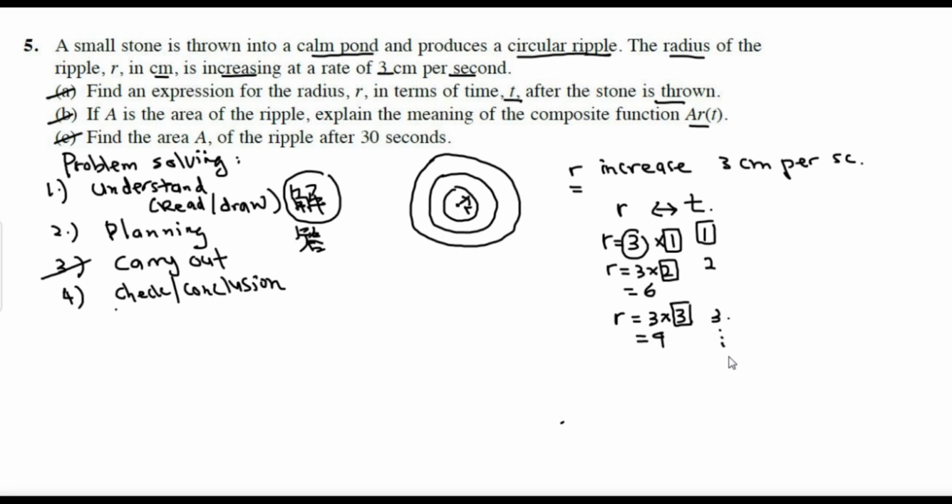So what is the radius after t seconds? r is equal to 3 times what? 3 times t. Can you see the pattern? Okay, so for A, we can express r equals 3t.